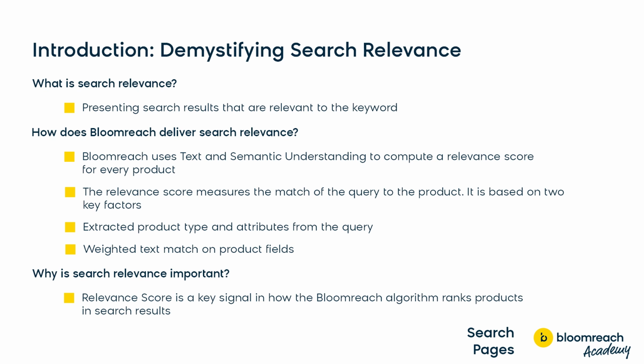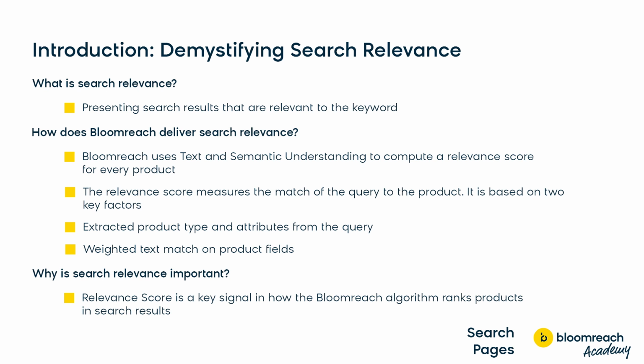So what is search relevance? Simply put, search relevance is a search experience page where the results are relevant to the keyword that a user searches for. How does Bloomreach deliver search relevance? Bloomreach uses text and semantic understanding to compute a relevance score for every product.